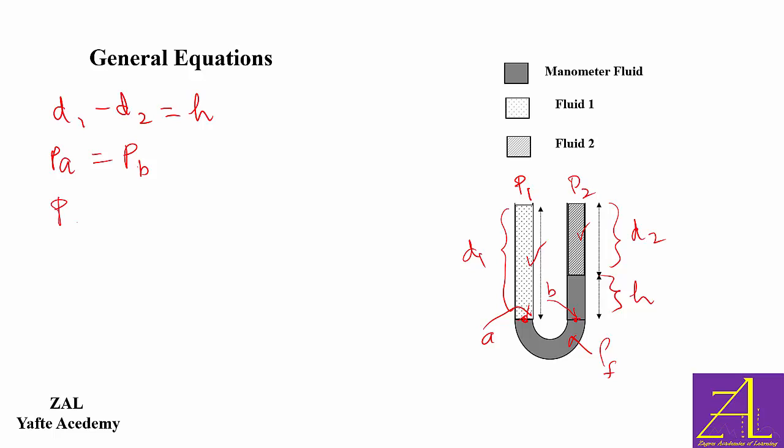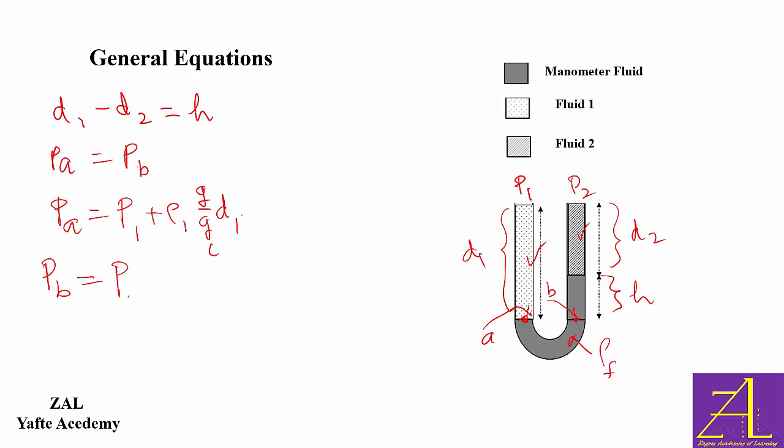Now we can formulate the pressure exerted in point A. So PA would be equal to pressure P1, which is on top of it, plus the hydrostatic pressure in height D1, which will be equal to rho 1 G over GC D1. PB, which is the pressure at the opposite point, B, has got 2 fluids on top of it plus pressure P2.